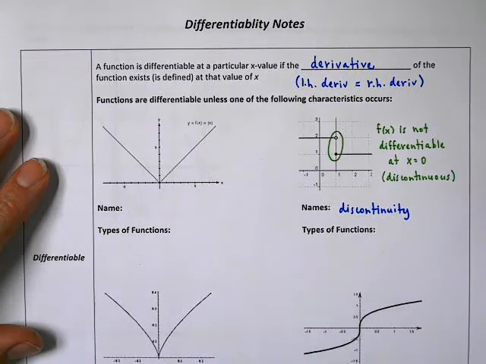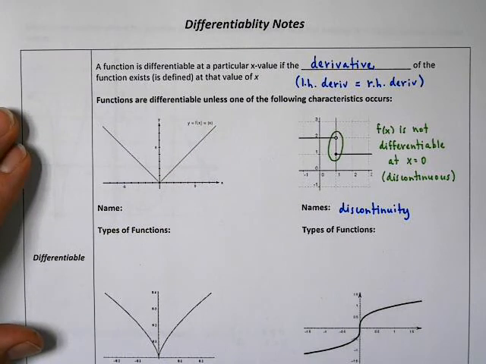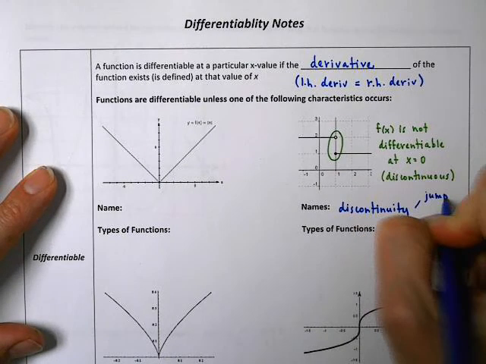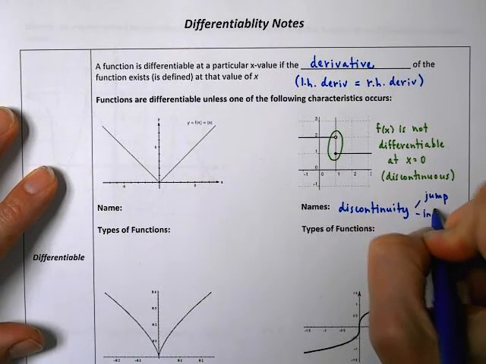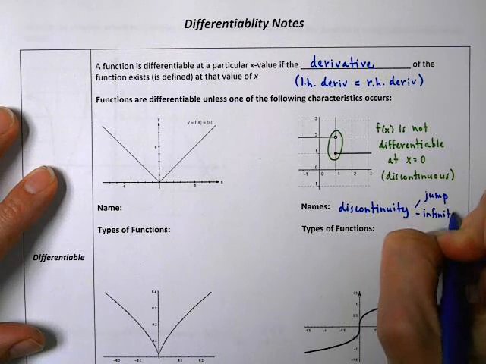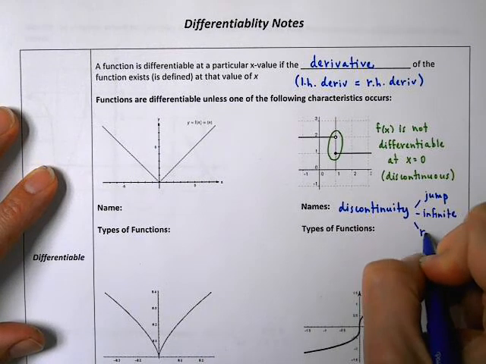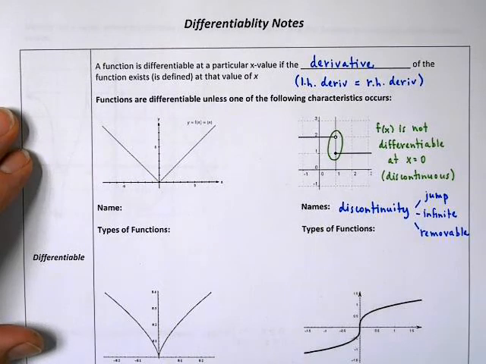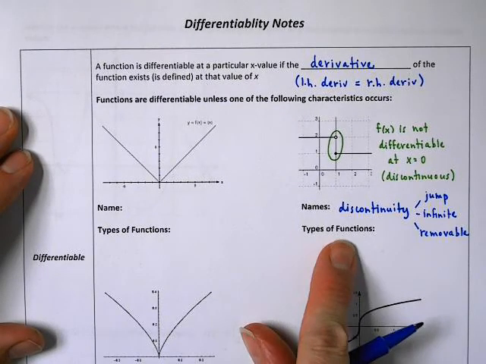Now, just as a review, when we're talking about discontinuities, it could be a jump, we could have an infinite discontinuity, and we could have a removable discontinuity. Any of those things would make the function not differentiable at a particular x value. And we know we're going to see these types of things.